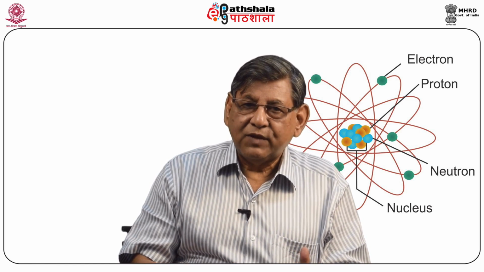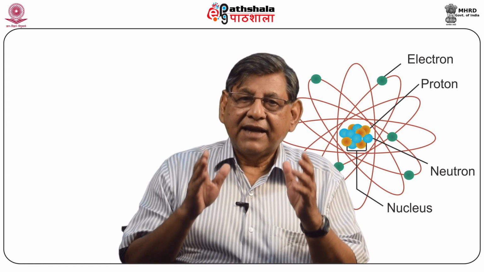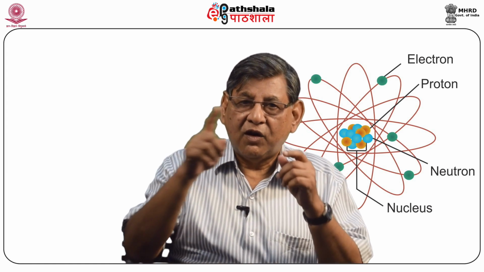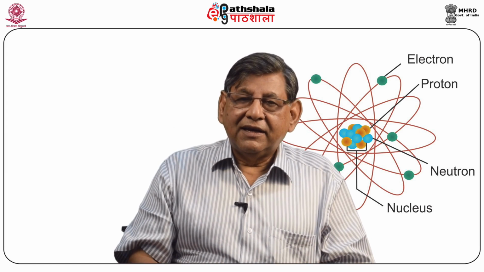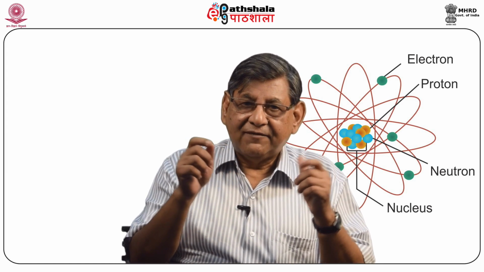Actually, what is really the Bohr model? I should say that it is basically the classical equation of motion: if the electron goes round in a circular orbit, then the centripetal force has to be equated to the electrostatic force.